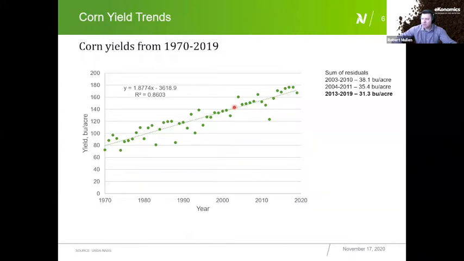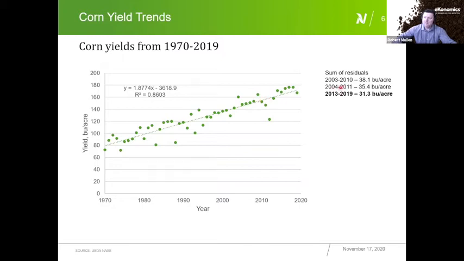From 2003 to 2010, the sum of my residuals, which is, again, I'm just summing the difference between the actual observed average yield and what the model would have predicted the yield to be, we were 38 bushels per acre over that 7-year period above the trend line. That means that was 7 really good years of corn production across the US.